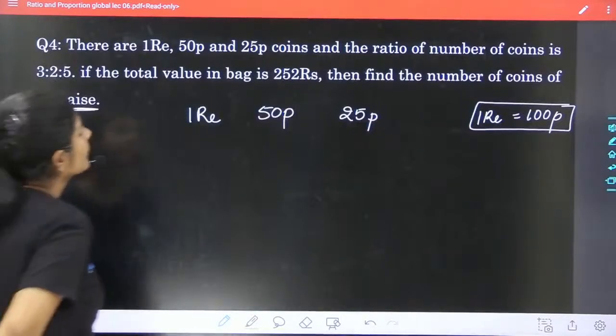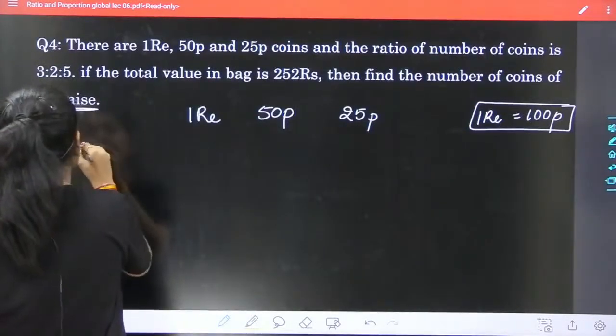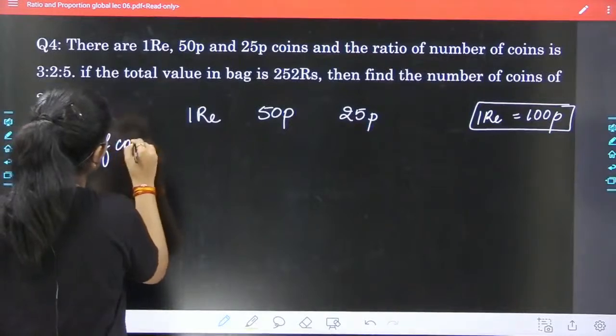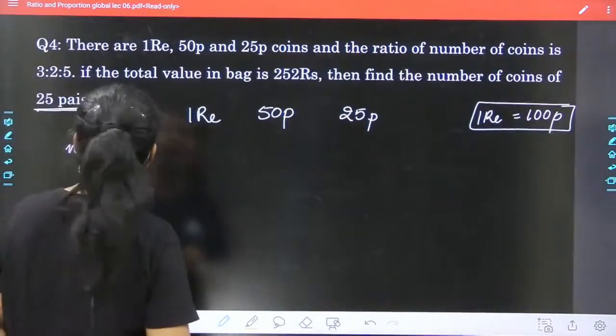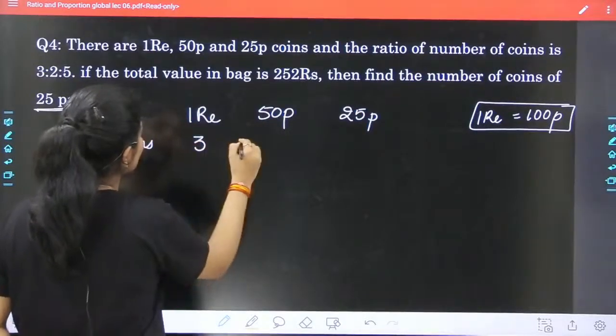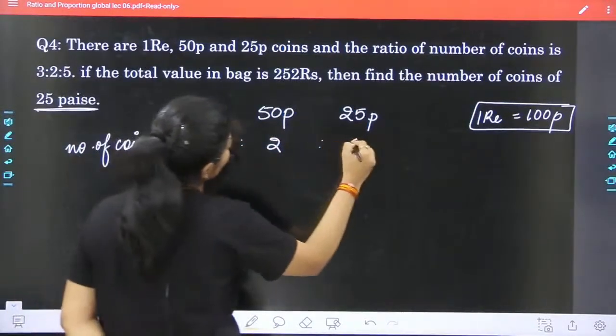Very good, Charm. If I talk about the number of coins, I can say that they are in the ratio 3:2:5.